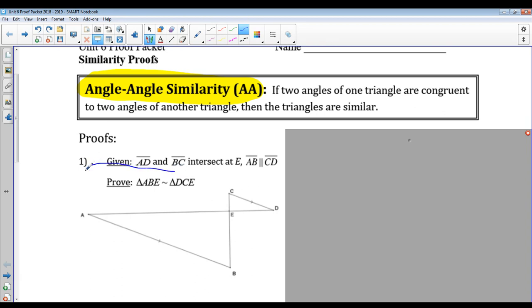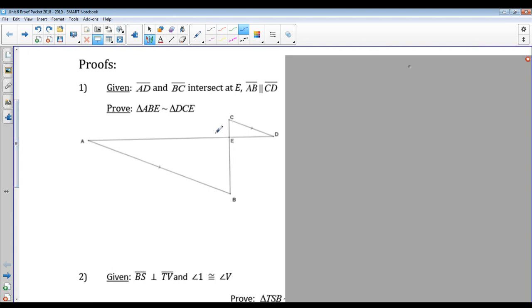So this was actually a problem that we've done a bunch of times this unit. What we know is that we have a couple lines that intersect, and we know that AB is parallel to CD. A really common mistake I've seen a lot of people making lately is that when they see these parallel lines, they say, oh, since the lines are parallel, it means these two lines are also equal.